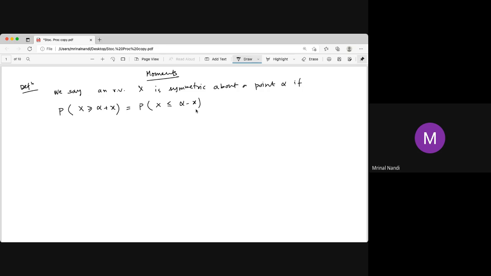So these two probabilities are the same. Whether it is continuous or discrete, this is the same for all x.